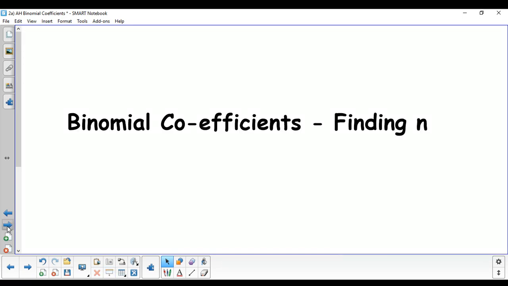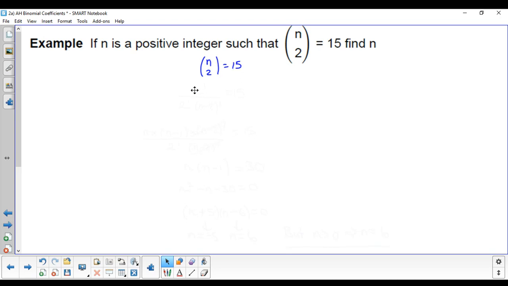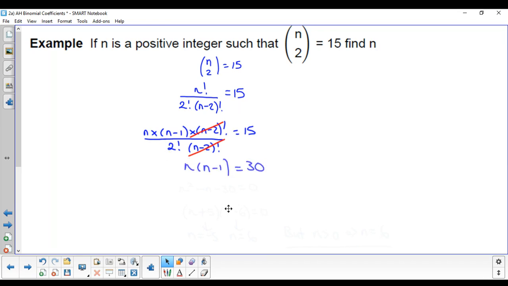Right, lastly, finding n. Think you'll like this. Right, so that's n factorial over 2 factorial and the difference between them. What would you do next? N minus 2, you need to create it, so that's n times n minus 1 times n minus 2. They can cancel, so you've got n times n minus 1 at the top. 2 factorial is just 2, so you could cross multiply.